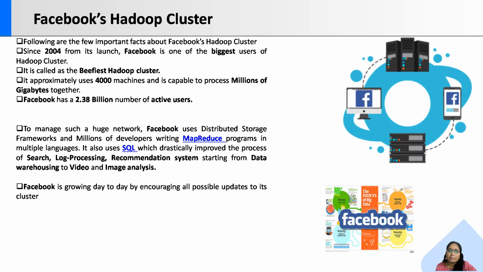Millions of developers write MapReduce programs in multiple languages, and use SQL also, to improve search, log processing, recommendation systems, data warehousing, and video and image analysis. Everything is updated in the clusters, and nowadays it is growing, increasing the number of cluster nodes and updating that process.